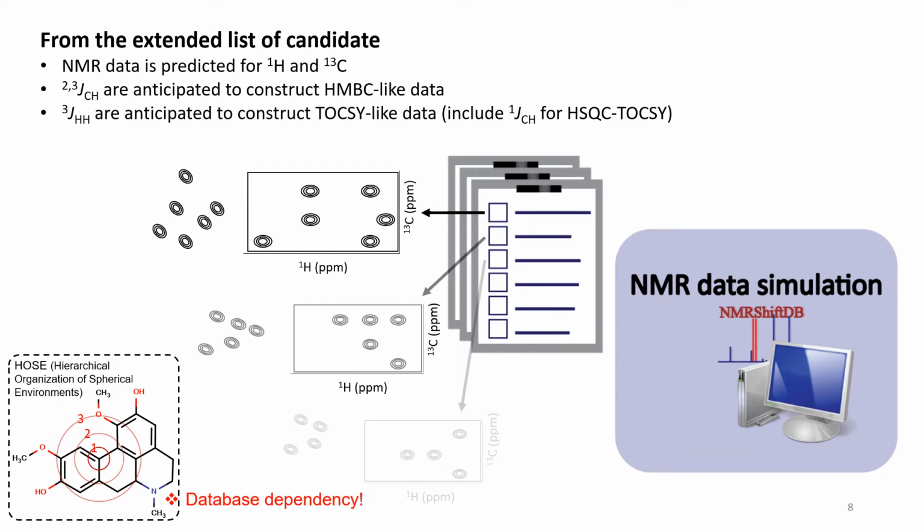So the whole approach will become increasingly better with the increasing amount of compounds submitted to the database used. And this is why this method is not really database independent, but it's providing a good enough tool for non-cataloged compounds.